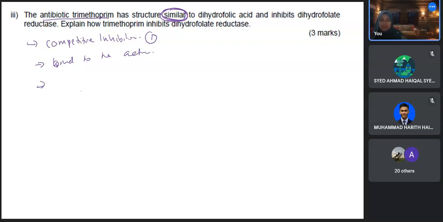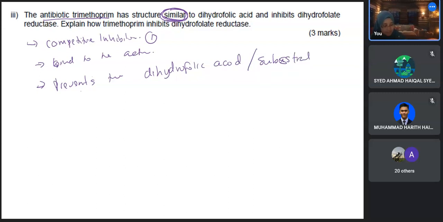It prevents the substrate, which is the dihydrofolic acid, from binding to the active site of the enzyme.